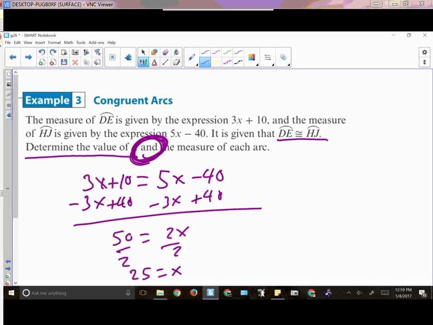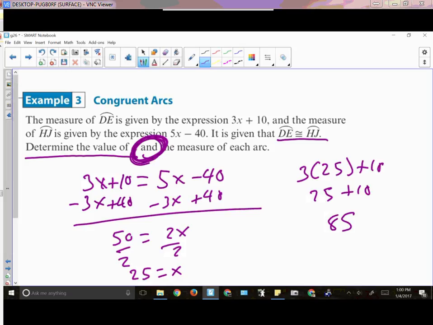One of the things that I want you guys to focus on is actually reading what the question is. I've noticed a lot of you just zip through it, you come up with something, put it down, but you don't complete the answer. So that means that I can put it in as 3 times 25 plus 10, 75 plus 10, well that means it's 85.